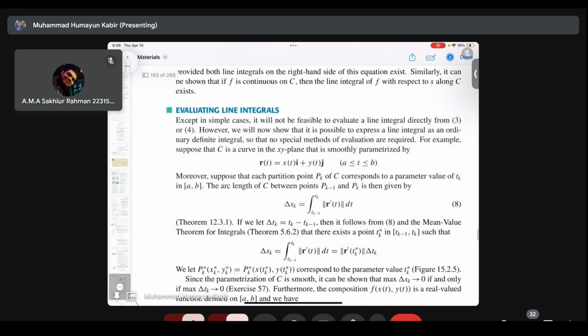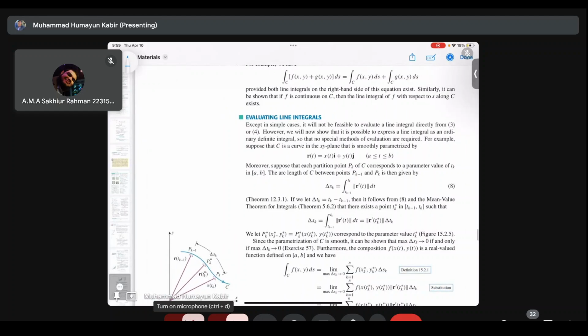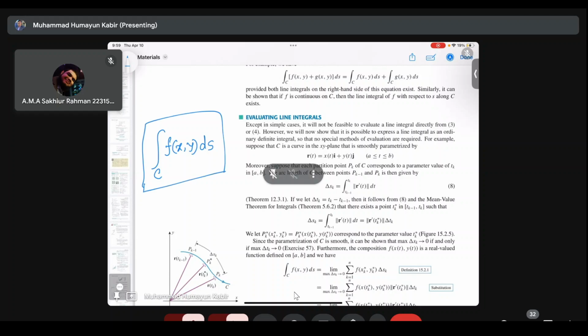Look here. Here I have written a typical or standard form of a line integral. What is the information here?